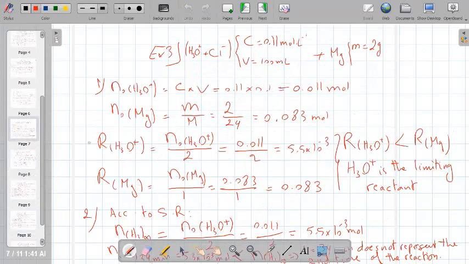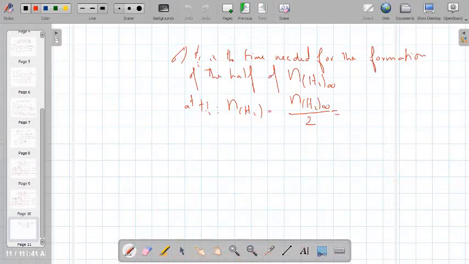We have calculated the number of mole of H2 at infinity equal 5.5 times 10 minus 3. 5.5 times 10 minus 3 over 2 equals 2.75 times 10 minus 3 mole.